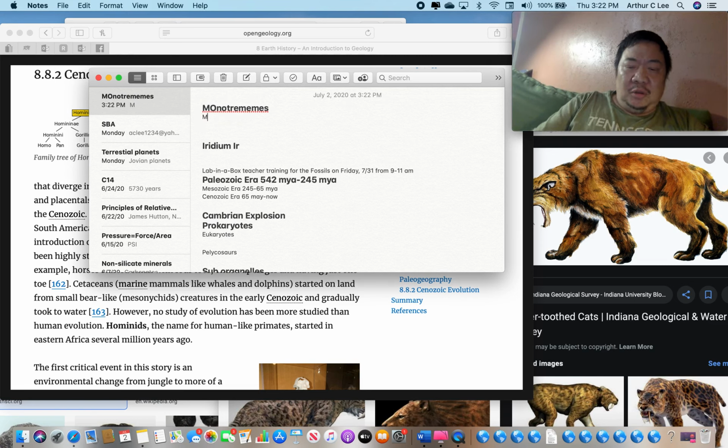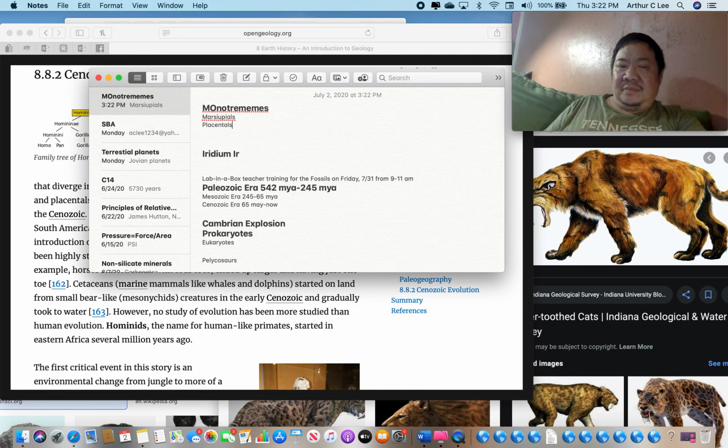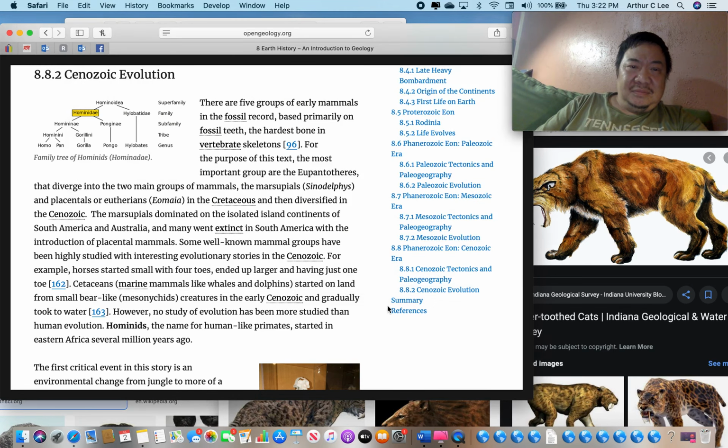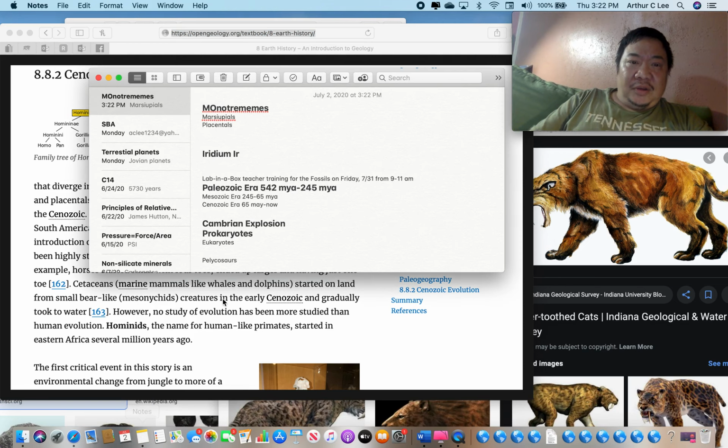We have marsupials, and we have placentals. Those are the three types of mammals that still survive today. So let's take a look at them one at a time. Three kinds of mammals survive today. Just don't forget monotremes, marsupials, and placentals.